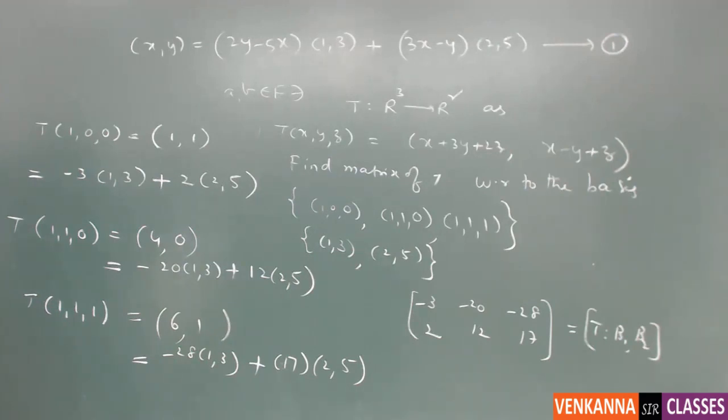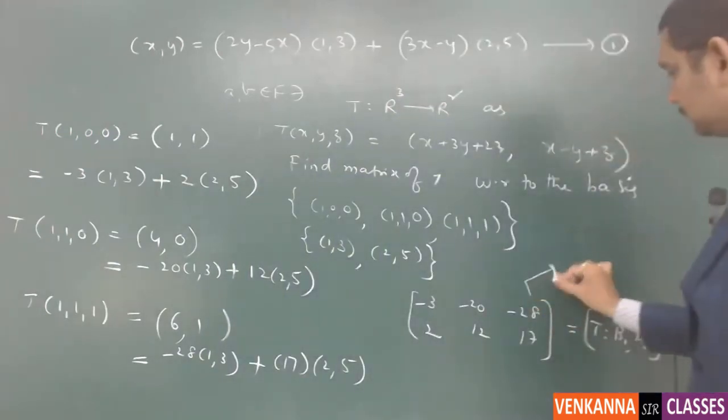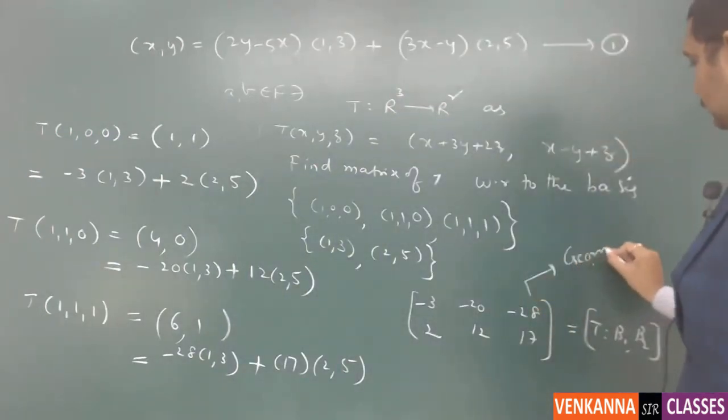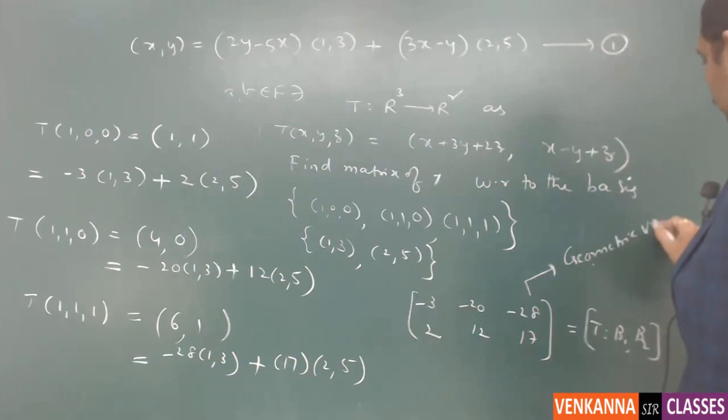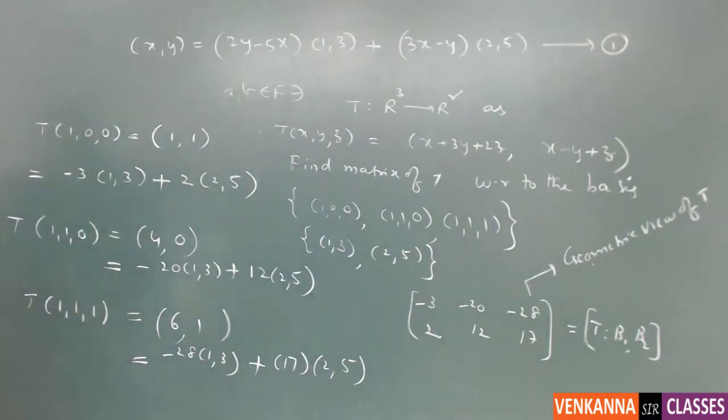Right. So since you are getting, I will say, the matrix gives the geometric view of T. So what actually the transformation will do for a given vector?